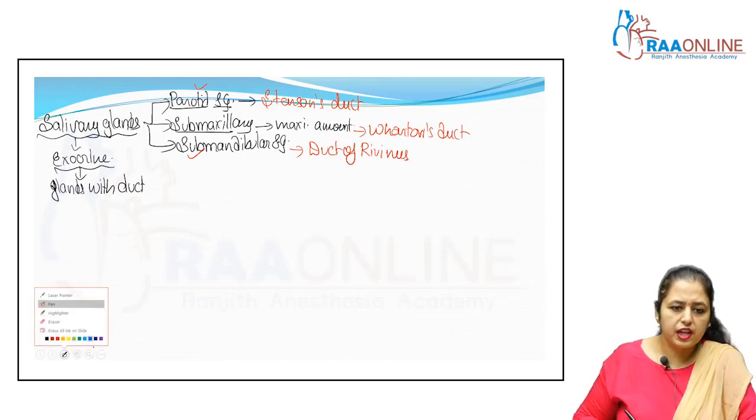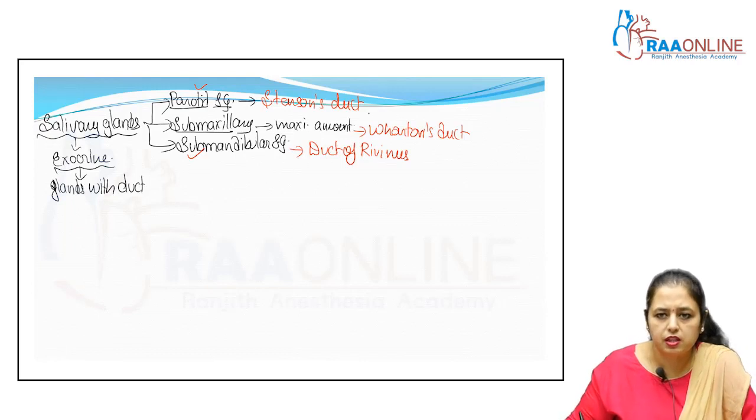Now, a specific enzyme is present in the secretion of the parotid salivary gland, known as ptyalin, or also called salivary alpha amylase.